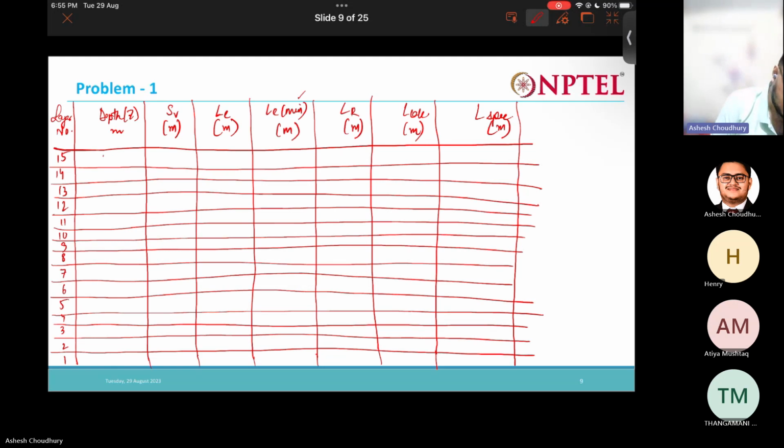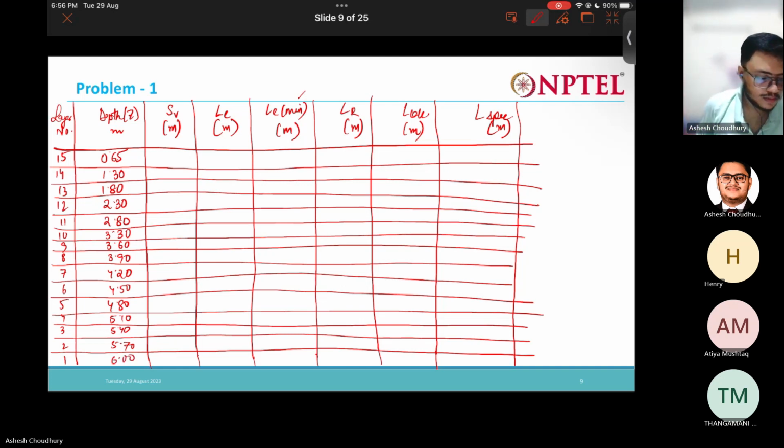So layer 15, 0.65, 1.30, 1.80, and so on down to 6.0 meters.